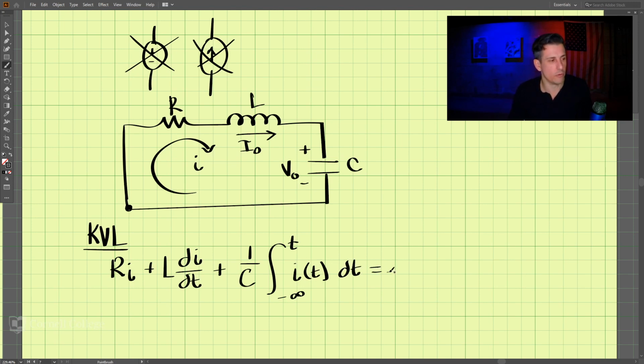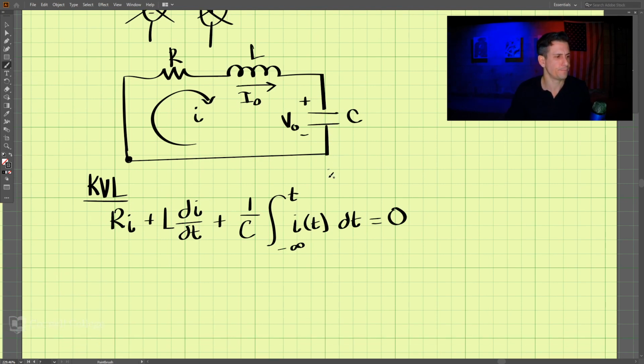And that is equal to 0. So these are all of our components. This is the resistor, this is the inductor, and lastly, this is the capacitor.